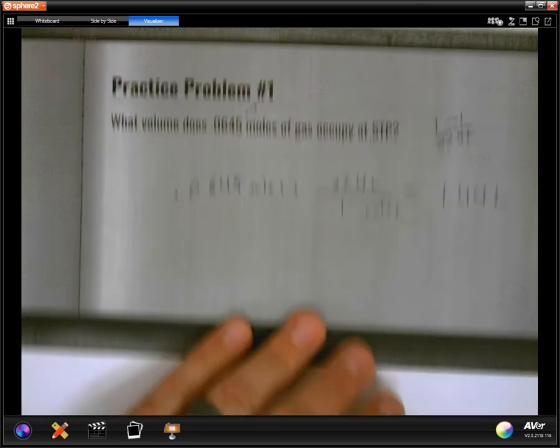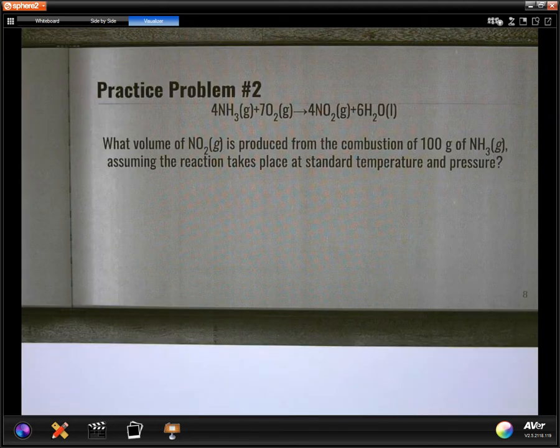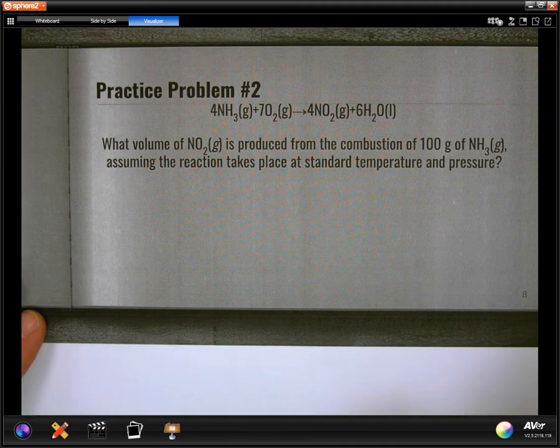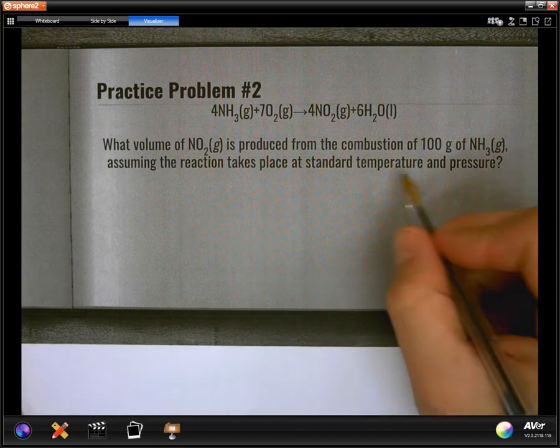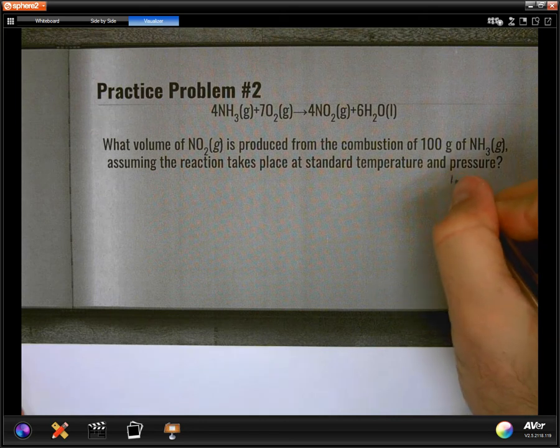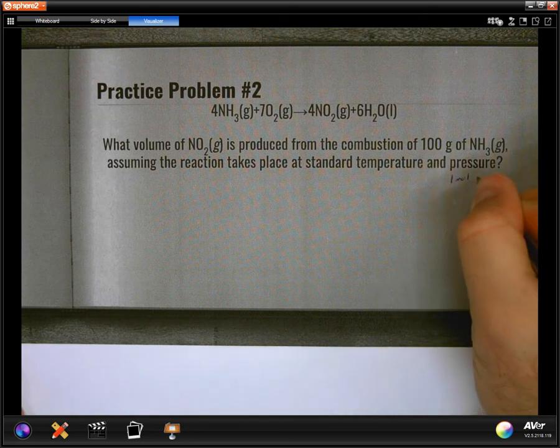All right, so let's look at the second practice problem we have here. What volume of NO2 gas is produced from the combustion of 100 grams of NH3, assuming the reaction takes place at STP? So again, once you see the STP, don't forget you have that 1 mole to 22.4 liter conversion.